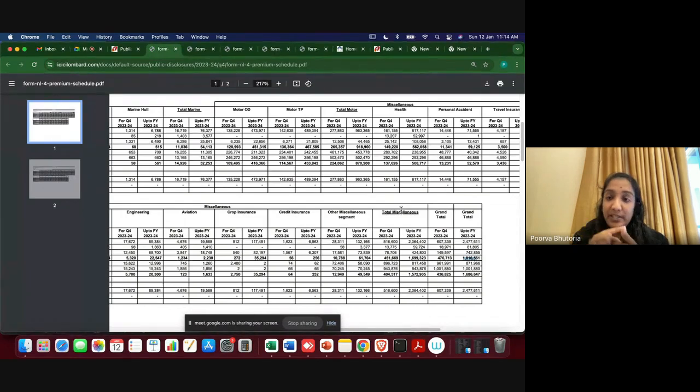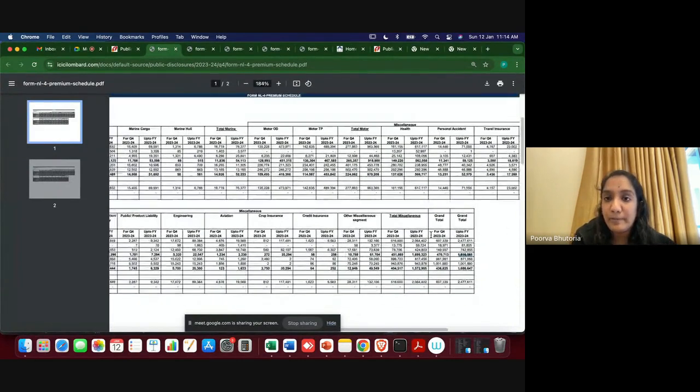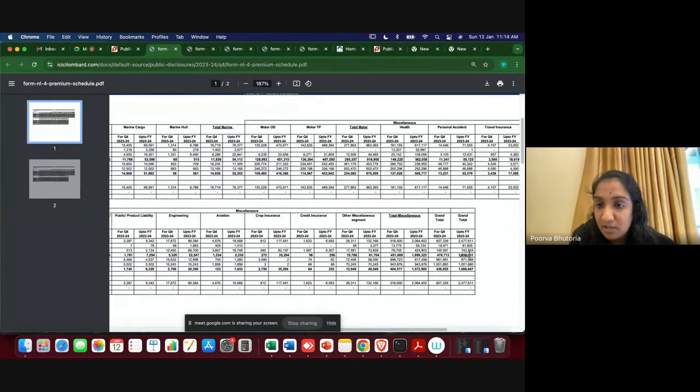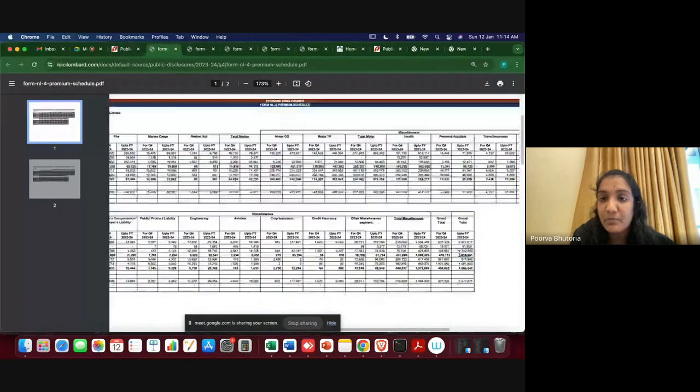We can comment on direct premium, the RI business it has accepted, and out of all the business that it has accepted, what business has been ceded to other reinsurers, and what's the net business that remains with ICICI Lombard. So this figure tells us the net written premium.